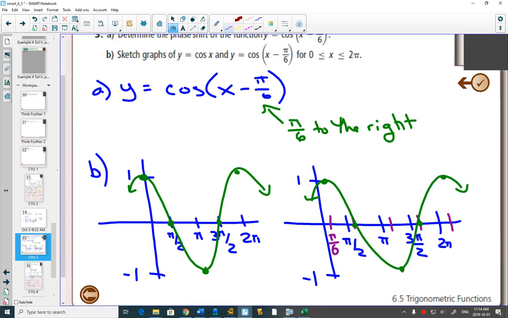And now on this question, if they were being really, really fussy, I would lose a half a mark. Okay? I sketched cos. I sketched pi over 6 to the right. Again, it's good practice to go back and read your question in case you missed anything. Sketch the graphs of y equals cos x and y equals cos of x minus pi over 6 for 0 less than or equal to x less than or equal to 2 pi.